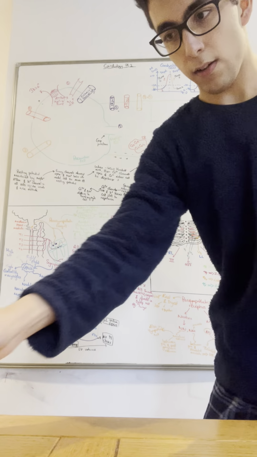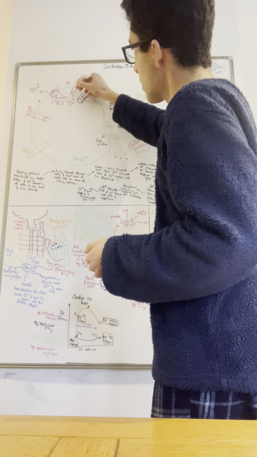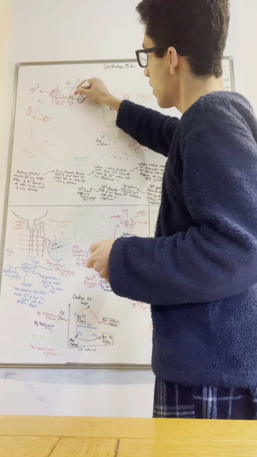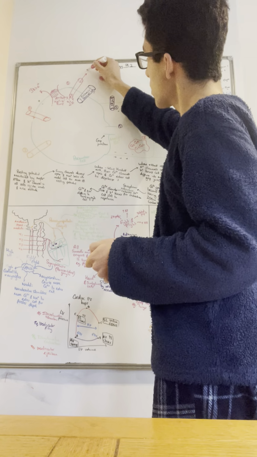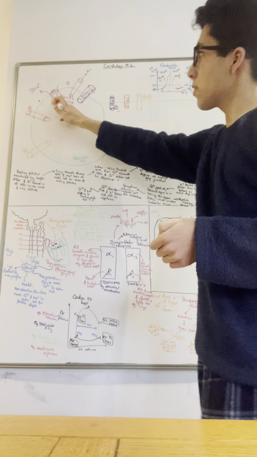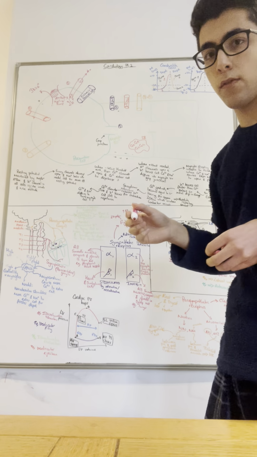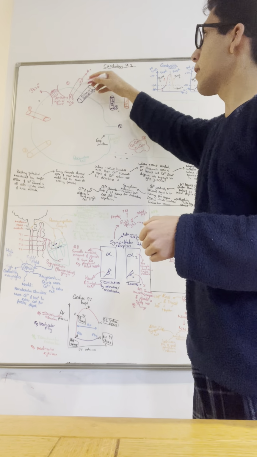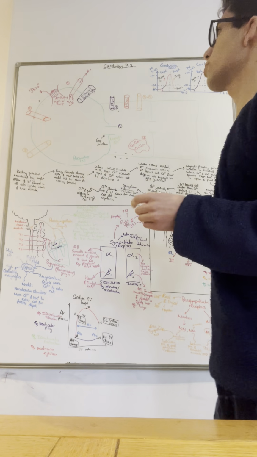But what we also have is potassium pumps as well. These are leaky potassium pumps that let potassium out. So as well as this sodium potassium pump having more sodium going out of the cell than coming in, we've got leaky potassium pumps that let the potassium out.